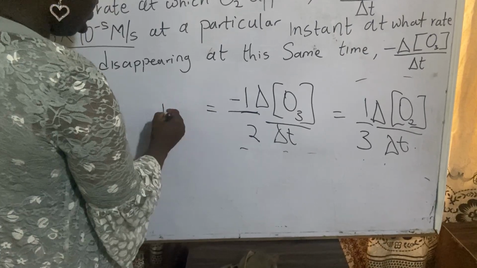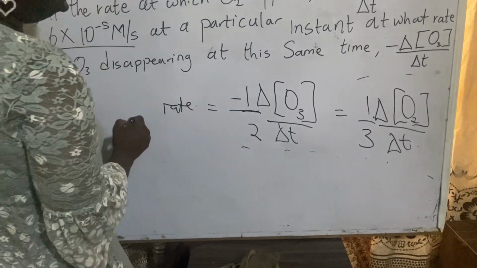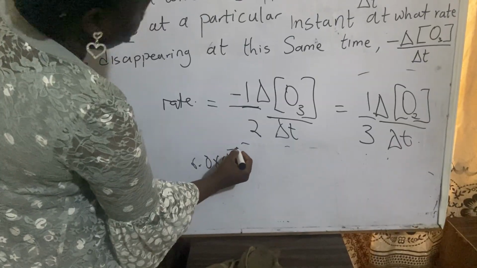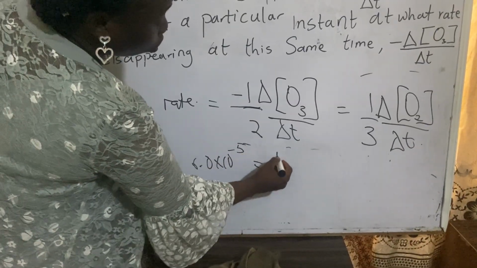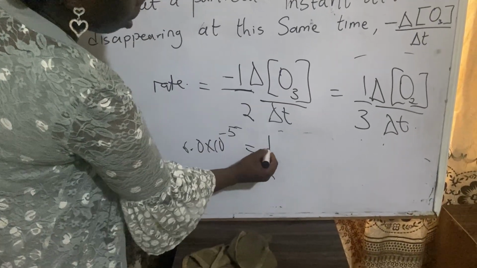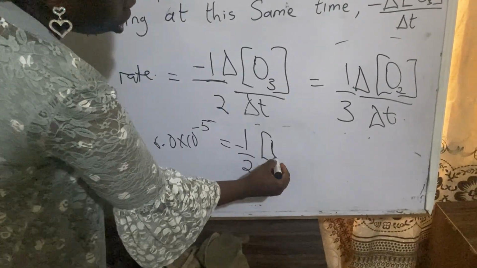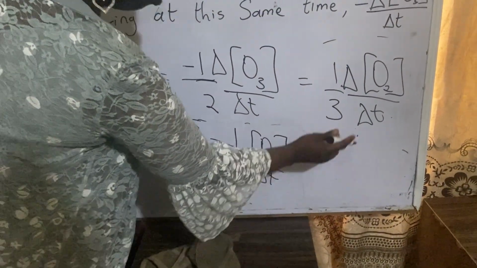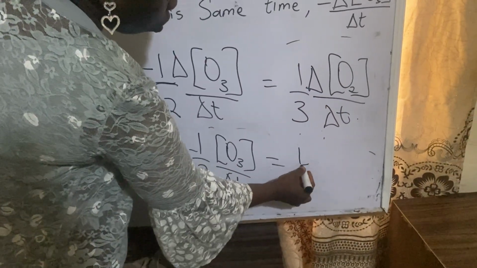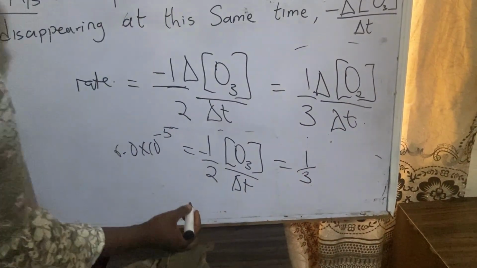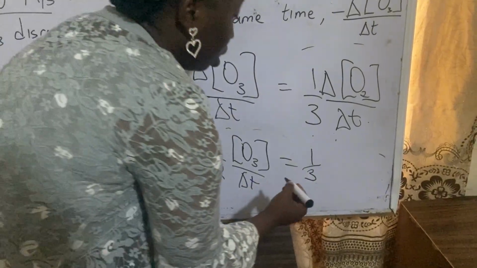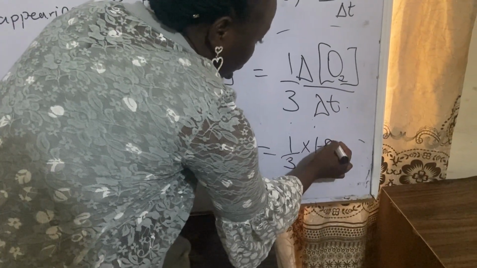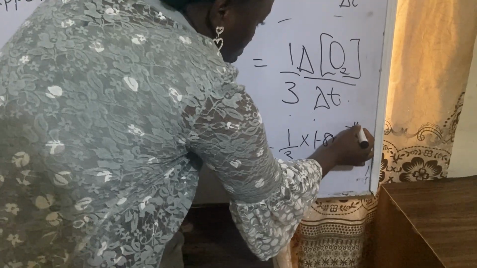Leaving it as rate, which is 6.0 times 10 raised to power minus 5, equals to 1 all over 2 minus change in ozone all over change in time equals to, we have this value 1 all over 3. Are you seeing now? 1 all over 3, and we got this value to be times 1.8 times 10 raised to power minus 4.